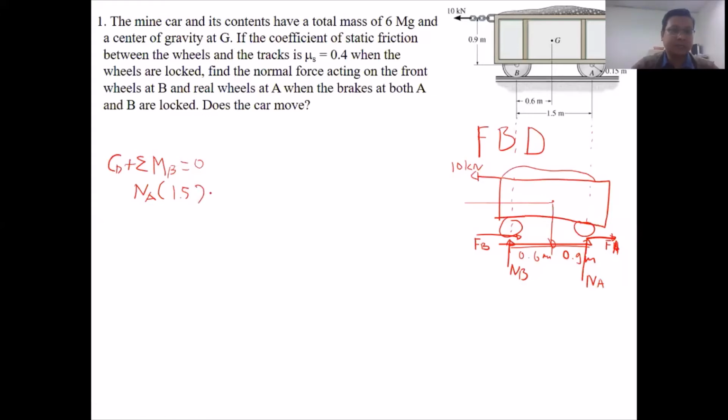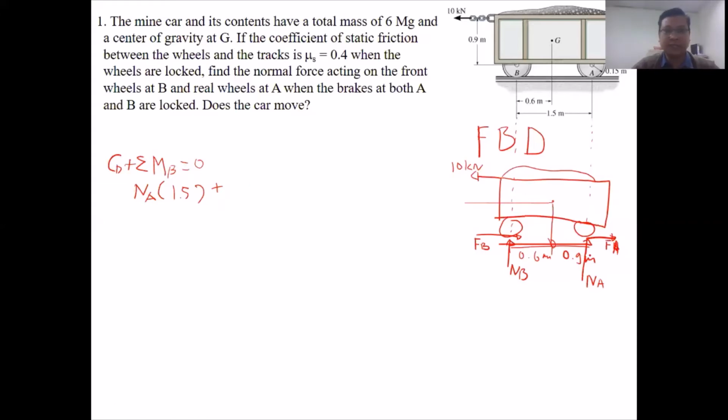The unit is meter. The direction is counterclockwise, so that is the positive direction.